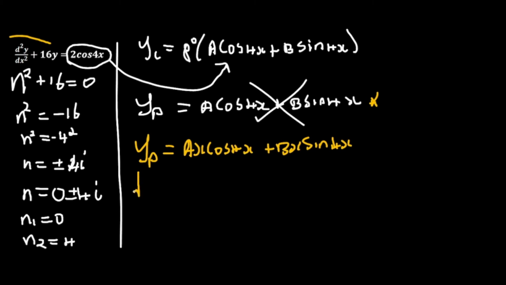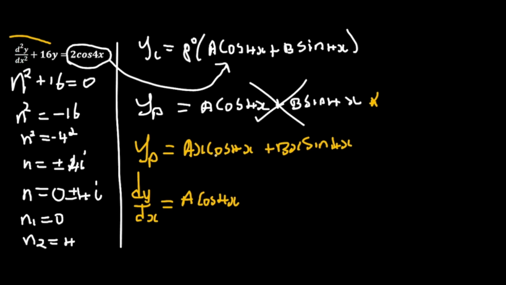Now looking for the first derivative, dy all over dx, we keep x constant in ax, a cos 4x, and differentiate x. So we'll have a cos 4x, and when we differentiate x we have 1. So plus, now we keep ax constant and differentiate cos 4x.